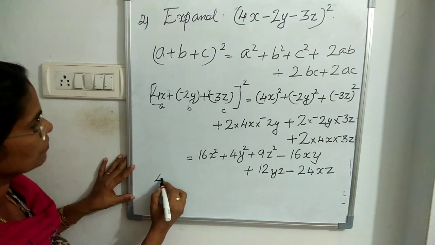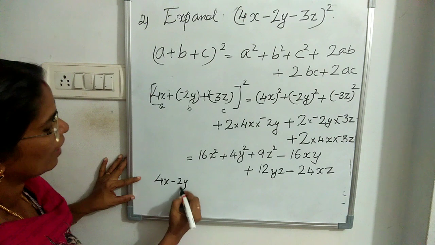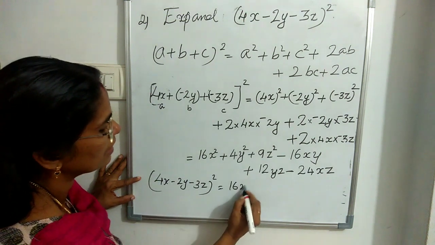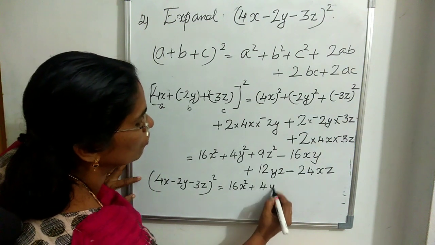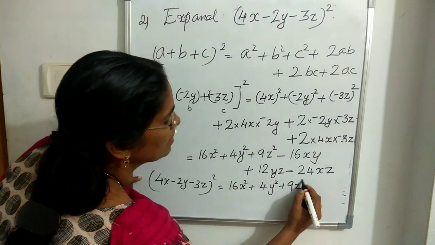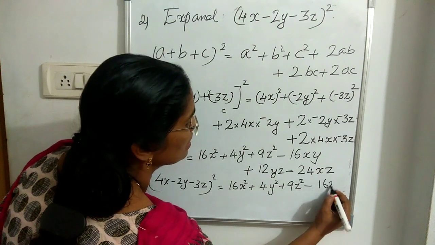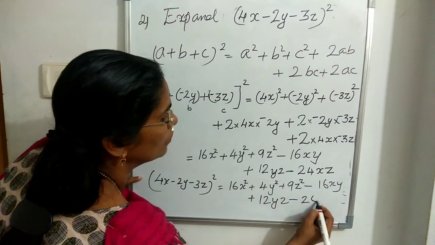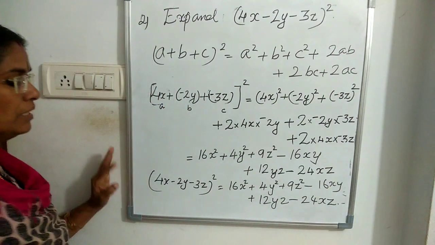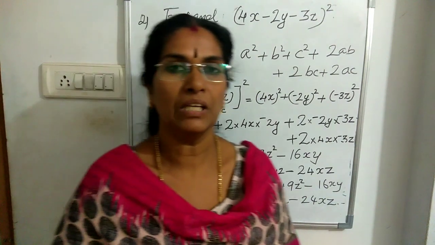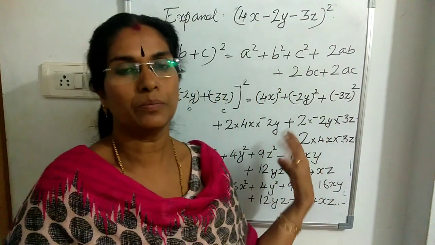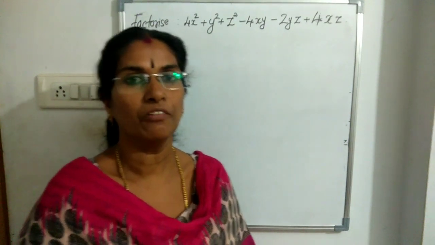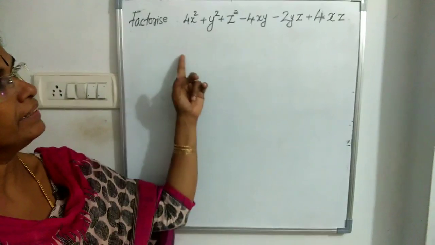So we are writing it as 4x minus 2y minus 3z whole square is equal to 16x square plus 4y square plus 9z square minus 16xy plus 12yz minus 24xz. So this part is also very easy. If you know that identity, you only have to substitute the values. Very simple. Now our next question: factorize using the identities.